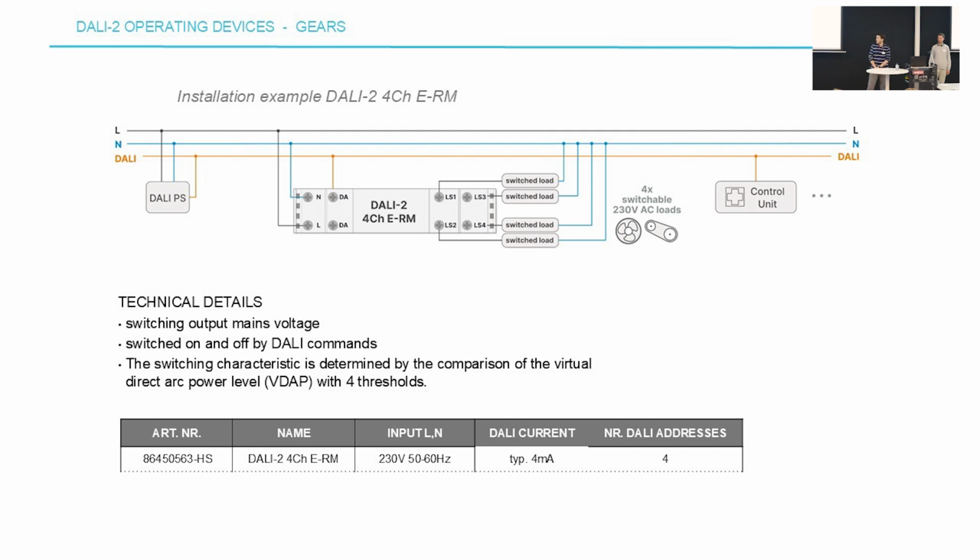It uses the VDAP value, or the virtual direct arc power level. So how it works is the device gets a dimming command, and based on the dimming command, it evaluates which channel should be turned on, based on the VDAP value, which is set in the DALI cockpit.